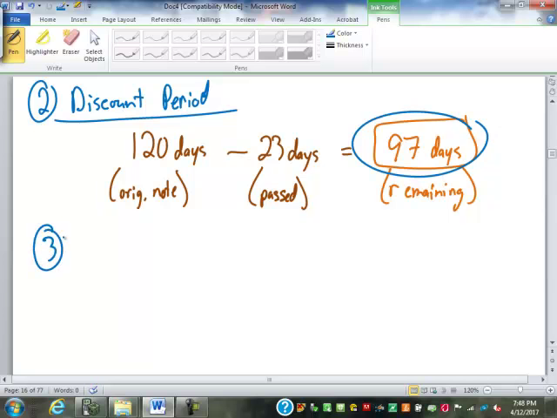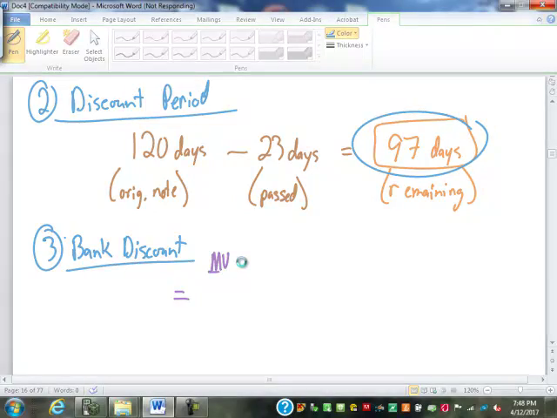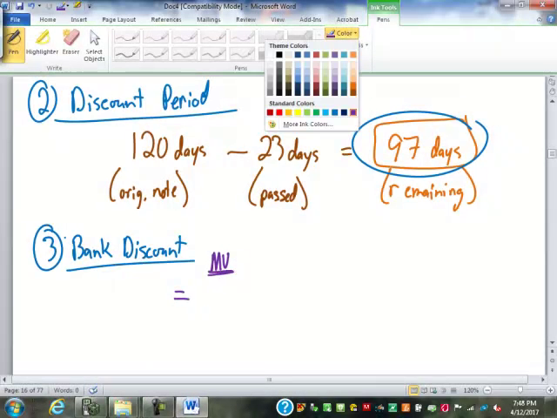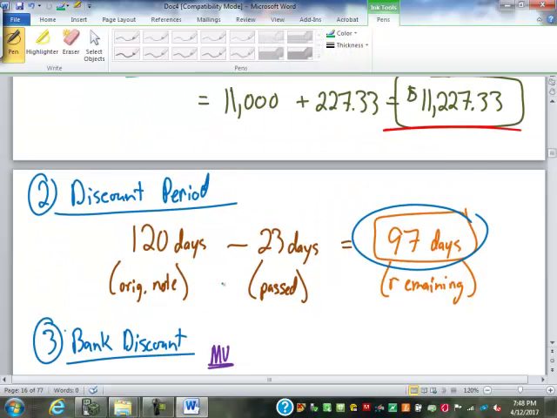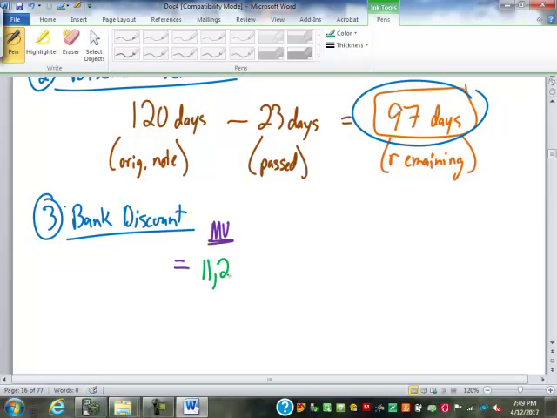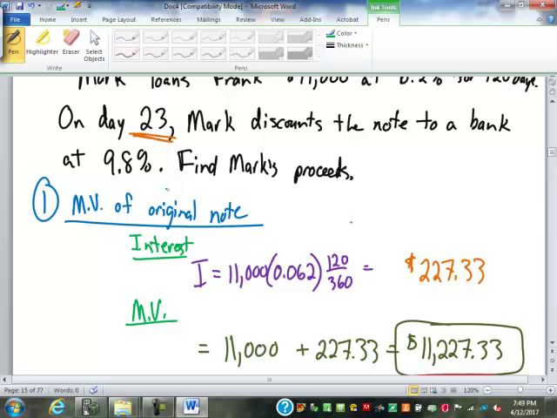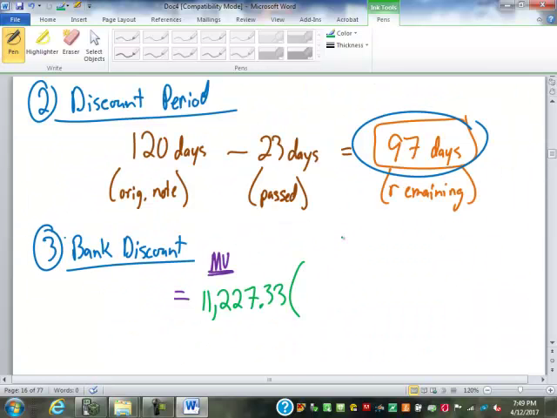What's step 3? Find bank discount. So what do we use to find that bank discount? The maturity value of the original loan is going to be the face value. The maturity value from that original loan is how much? $11,227.33. You got it. What is the bank's discount rate? 9.8%, so 0.098.